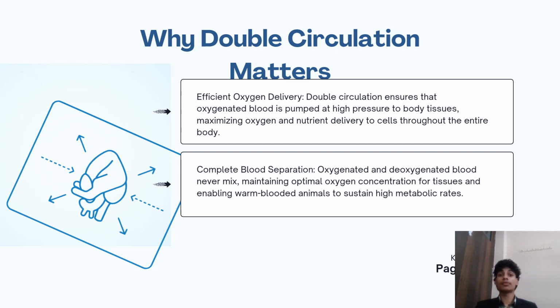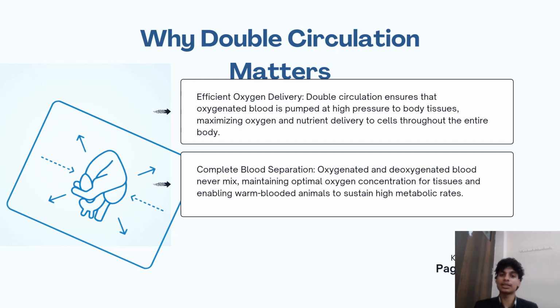And the question is why it matters, why double circulation is required. First of all, it is required for efficient oxygen delivery, because the oxygenated blood carries the oxygen which is required for the tissues to function, for better function of the body or of the cell at its own level.